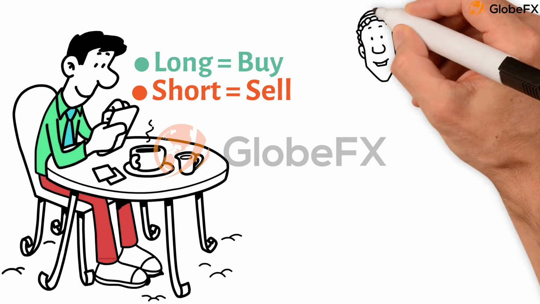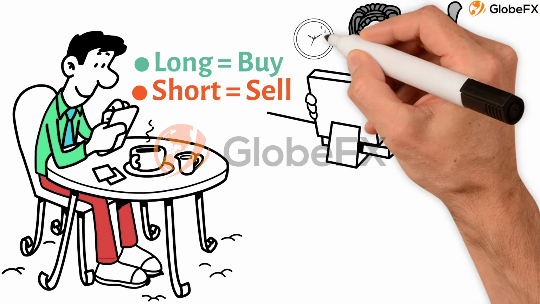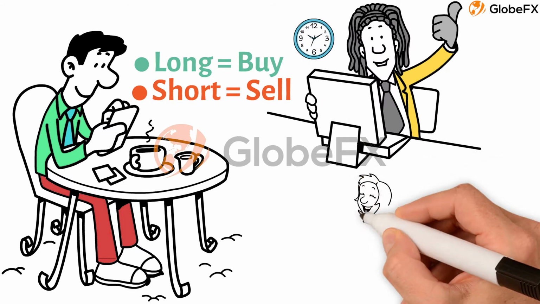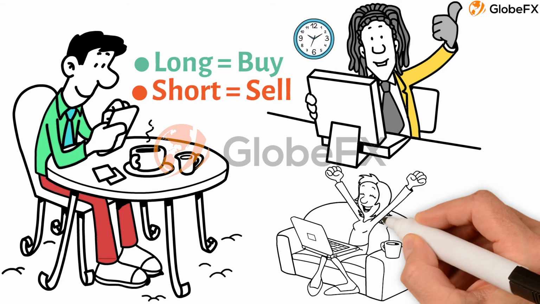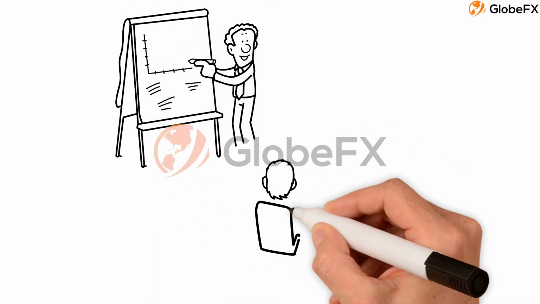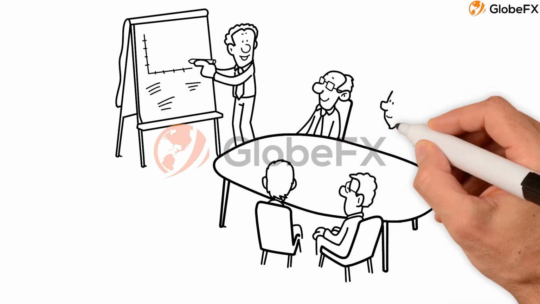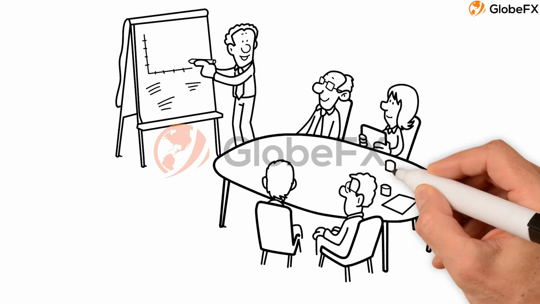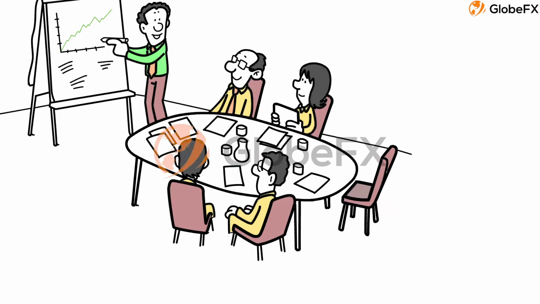Now if you've shorted stock or anything like that before, it can take a little bit of time to get used to what that actually means, but just take my word for it now: when you are bullish on a currency pair, or you think the currency pair is going to rise in value, we'll talk about why that would be the case as we go throughout this course, then you're buying. And if you're bearish or you think that the currency pair is going to fall in value, then you're a shorter or a seller. So you're going to open up your position by selling first.